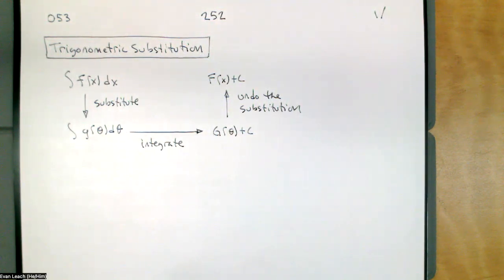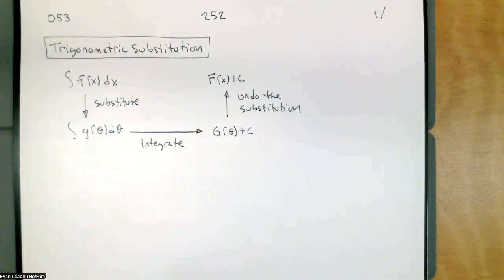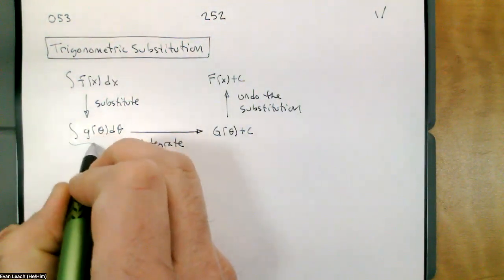So the important aspect of a substitution is that this integral of g of theta d theta is the one we know, and the goal is to get to an integral that we know how to do.